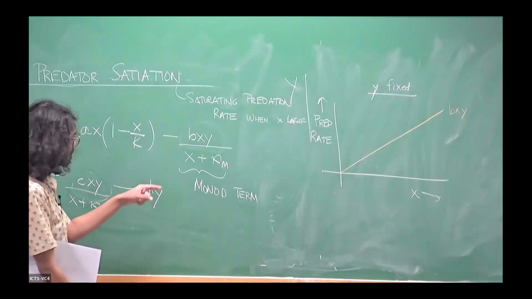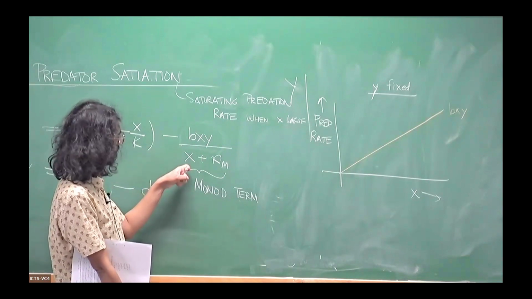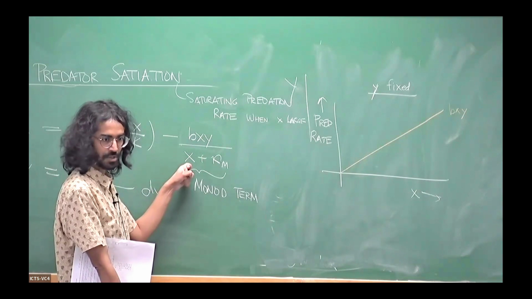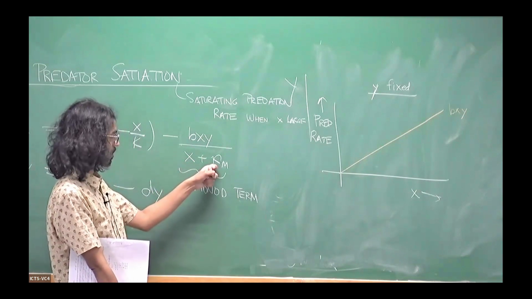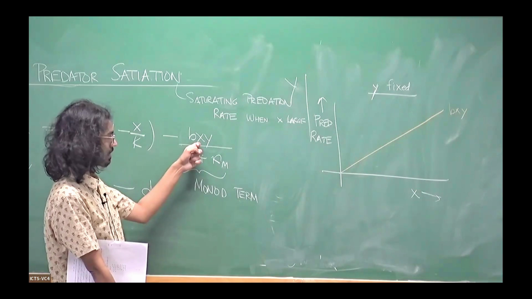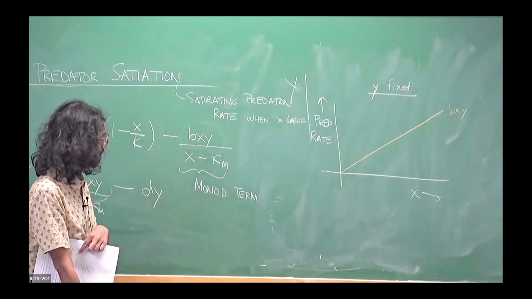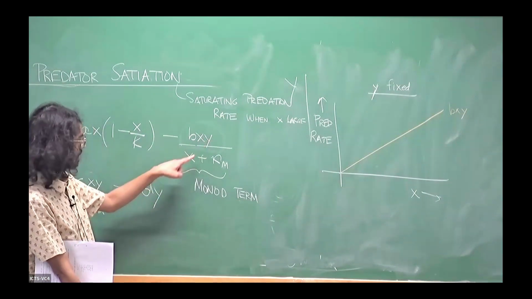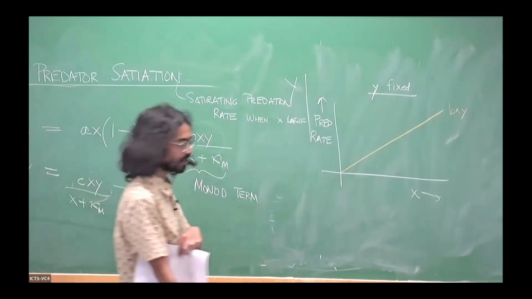So what would this term do now? Yes, it will saturate. When will it saturate? Let's say X is very, very large. Large compared to what? Yes, to kappa m. What does this term become in that limit? B times Y, right? X over X is 1.